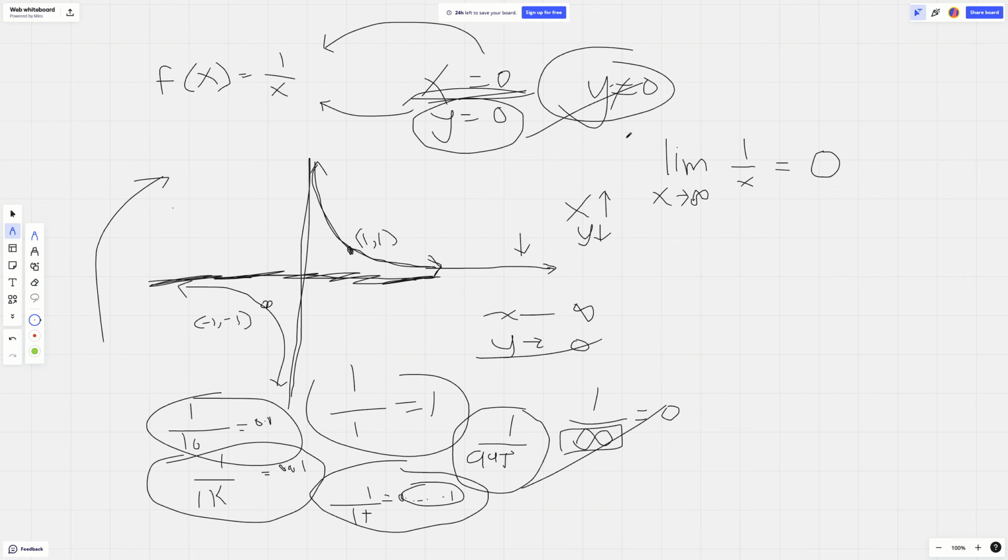Because, like we discussed just now, as our x values get larger and larger, our y values get closer and closer to 0, and so we can say this limit is equal to 0. So that's just the basics of limits. This is a very fundamental concept, and of course I haven't gone over limits in more depth with harder examples.